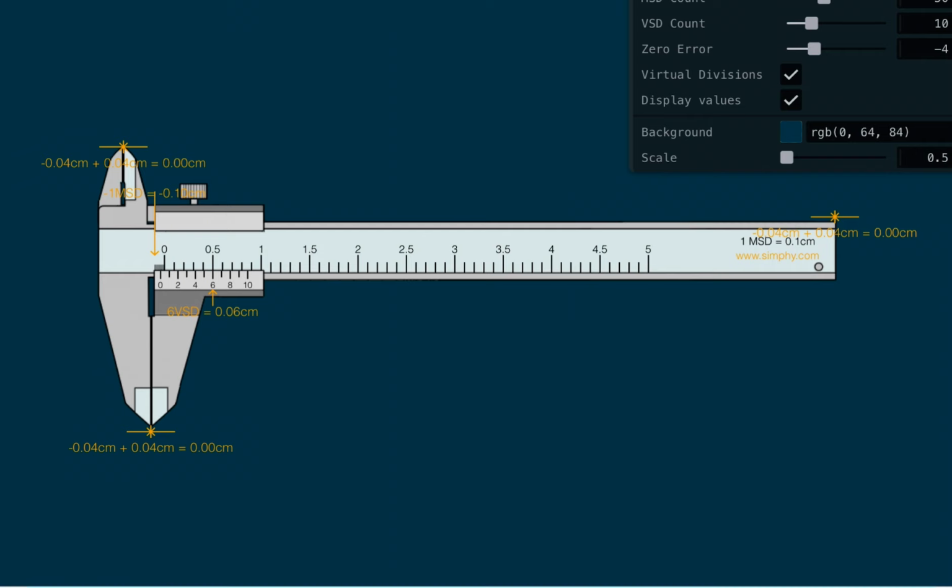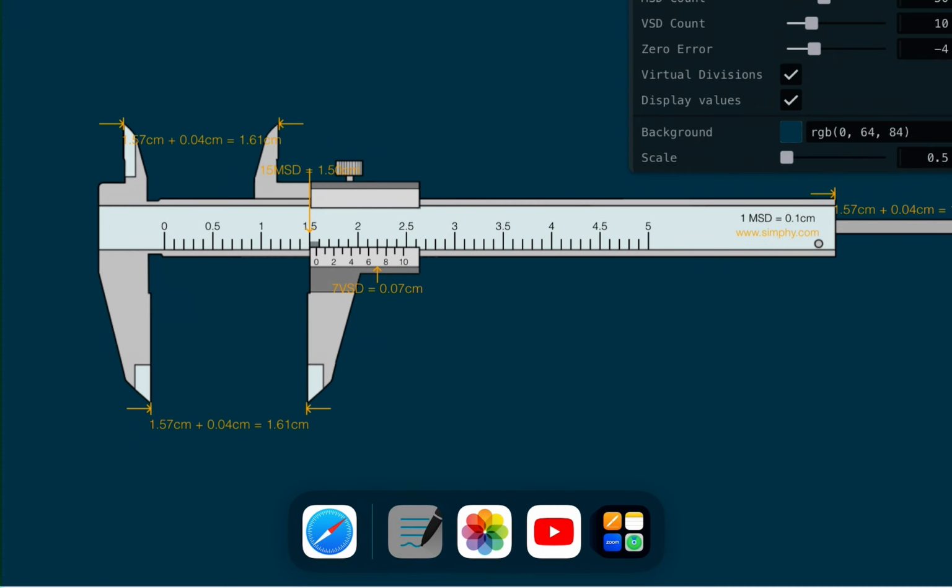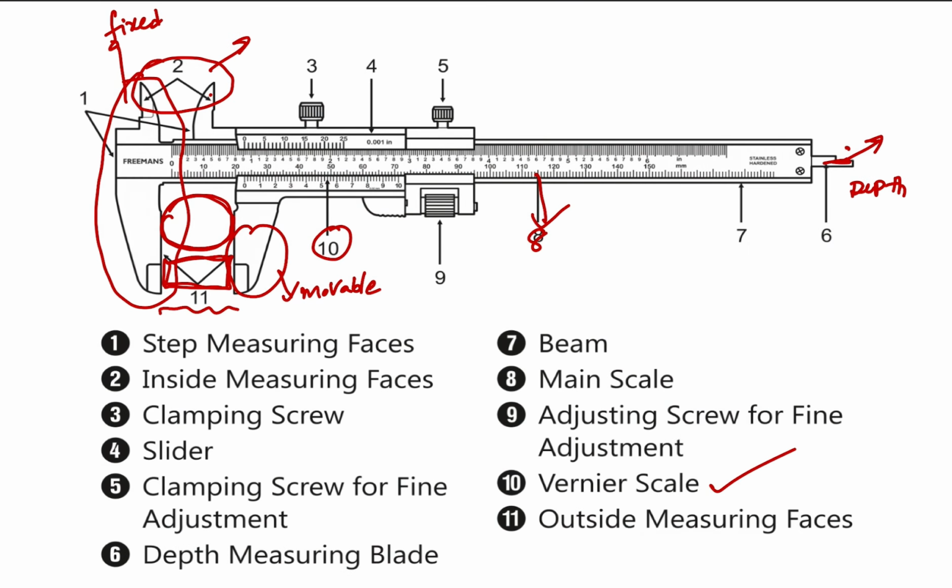Near the Vernier scale it shows 0.06 centimeter, but while taking the reading, you should not take 0.06; you should take 0.04. Understand that this is a very important point in the Vernier scale. I hope you got this point, and we are moving to the result.